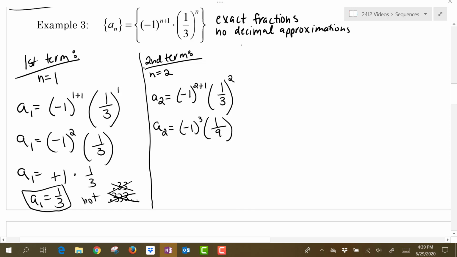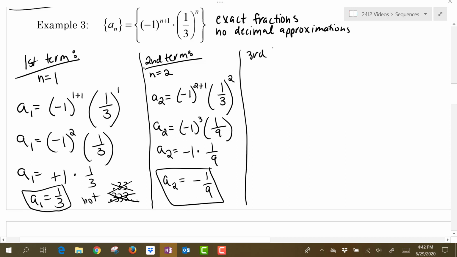When we square a fraction, we square the top, we square the bottom, so we get 1/9. 3 is an odd exponent, so we get -1 times 1/9. So the second term of our sequence is -1/9.